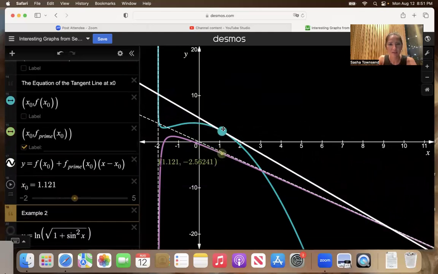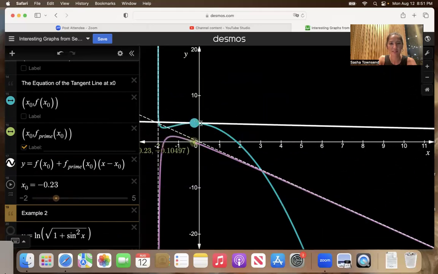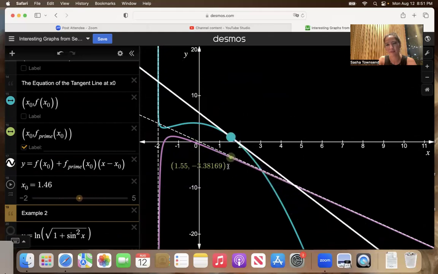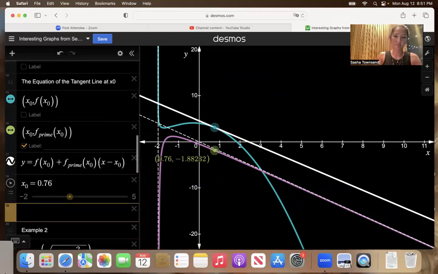So at that x value, x is 1.121, the slope is negative 2.562. And so we can see what that slope is for all the different x's and how that slope changes. We can see it graphically, and then we can also see it numerically as we look at the function values of the derivative.